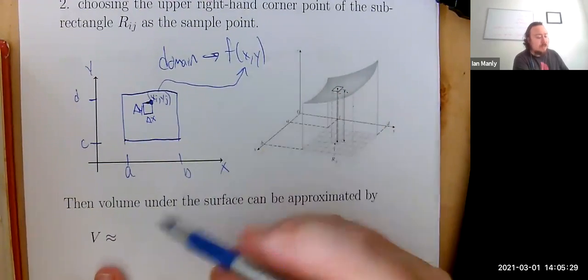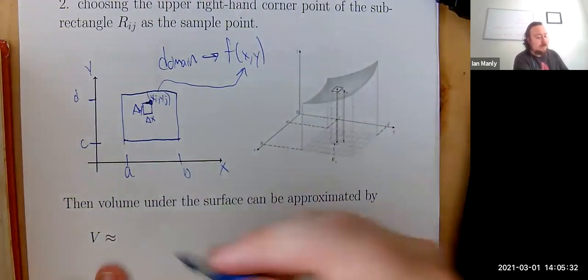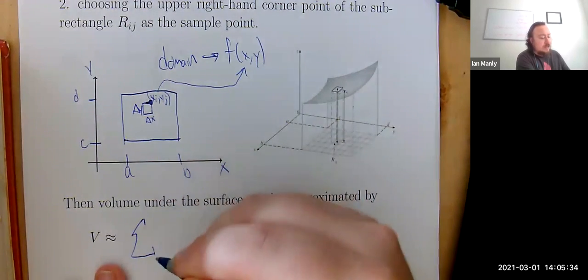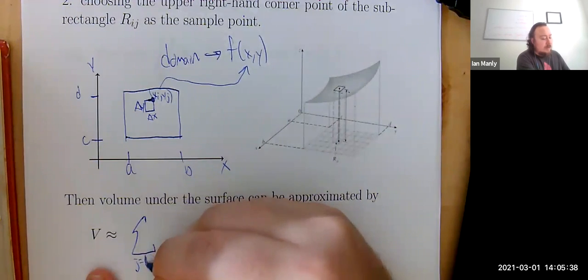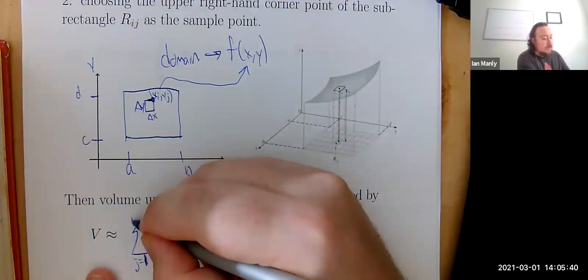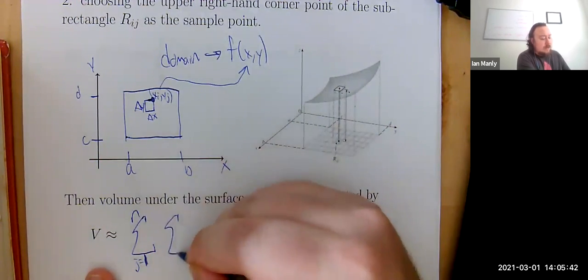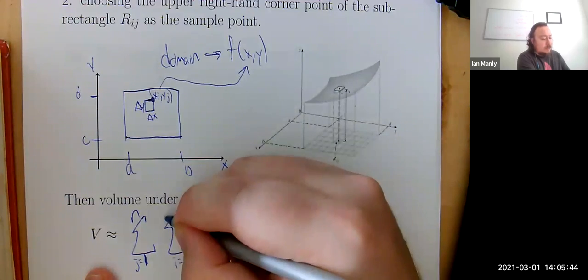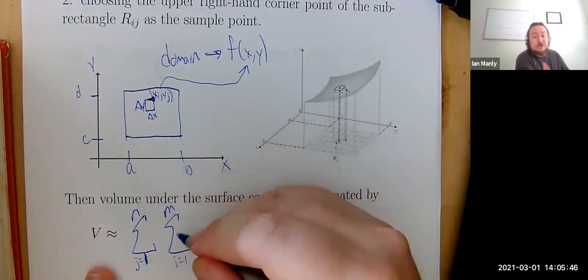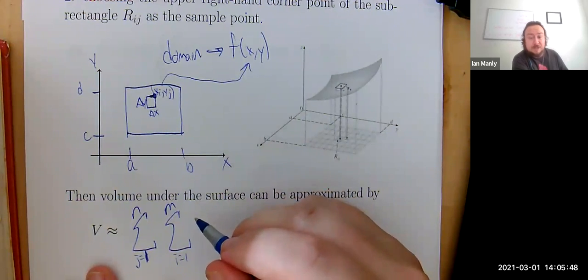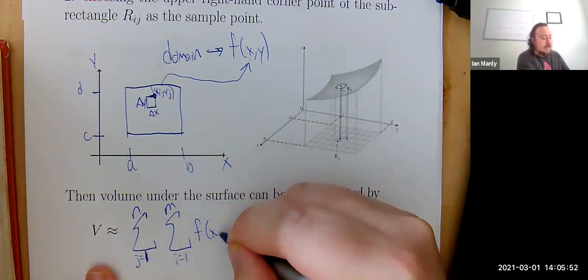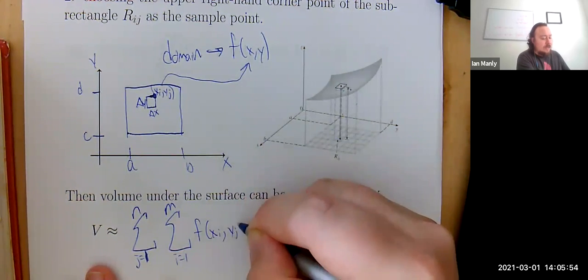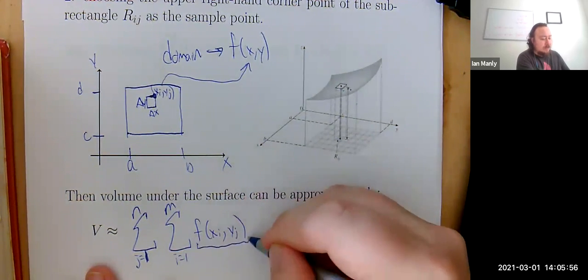All right, so if we do this, then what's the volume under the surface? The volume under the surface, if we use finitely many rectangles, can be approximated as the sum from j equals 1 to n, and then the sum from i equals 1 to m. So we have two sums; we're summing over two different indices here. We're going to have f of xi, yj, and this is going to be the height.